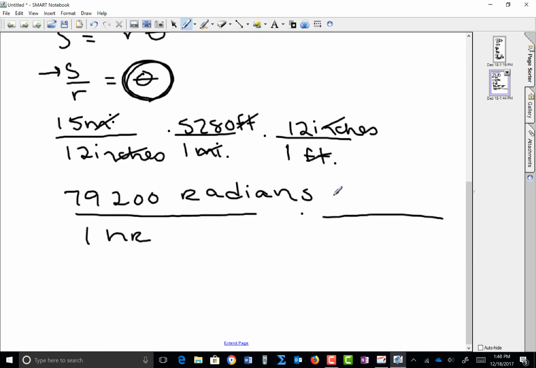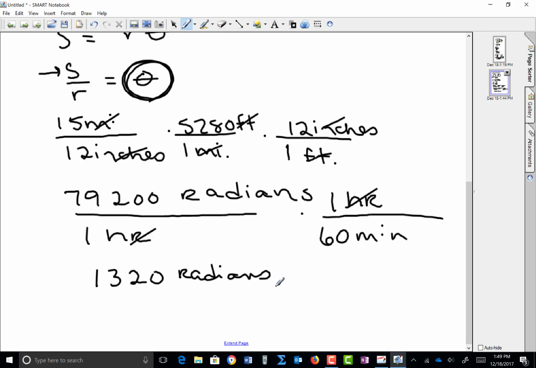We have radians. We know that 1 hour is equal to 60 minutes. Hour cancels, so if we take 79,200 and divide that by 60, we get 1320 radians per minute. So this is what they've asked for.